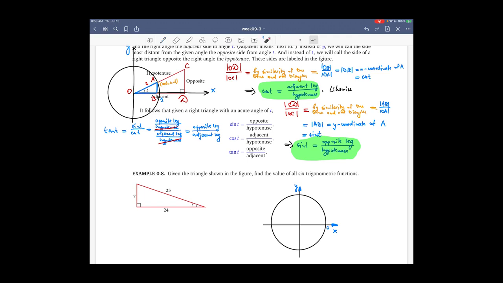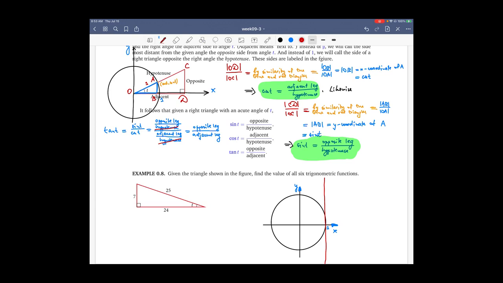I claim that the vertical line through the point 1, 0 will be the axis of tangents.